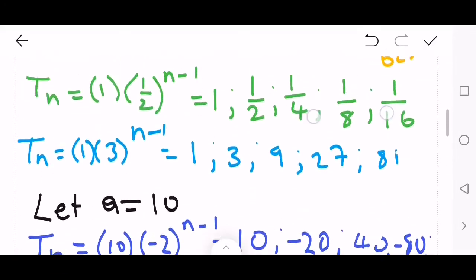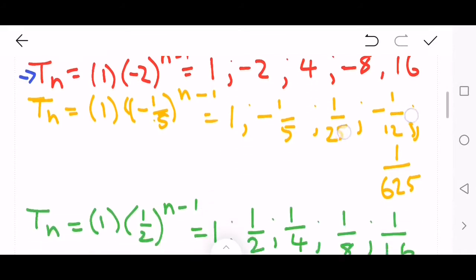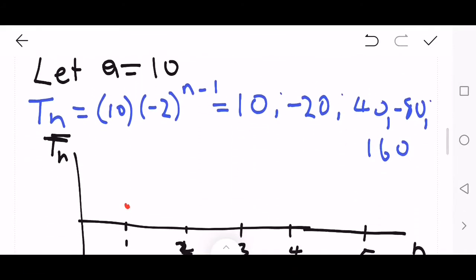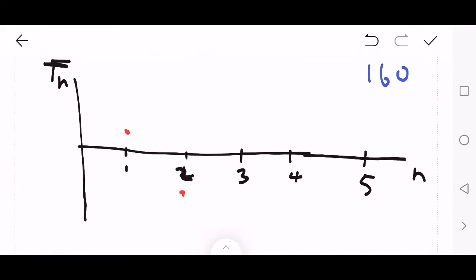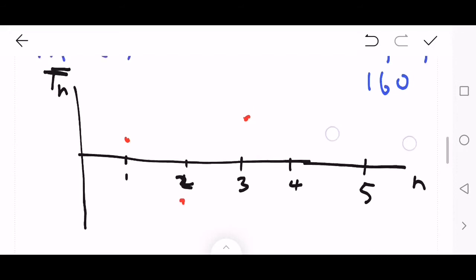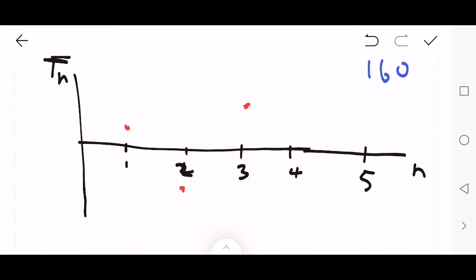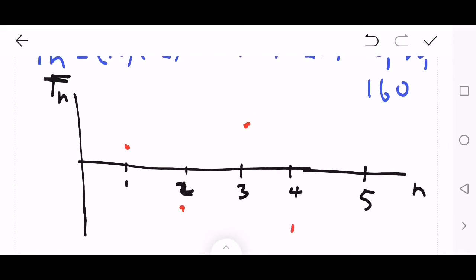For n equals 3, we have 4. For n equals 4, we have -8. For n equals 5, we have 16, somewhere there. So let us join these.